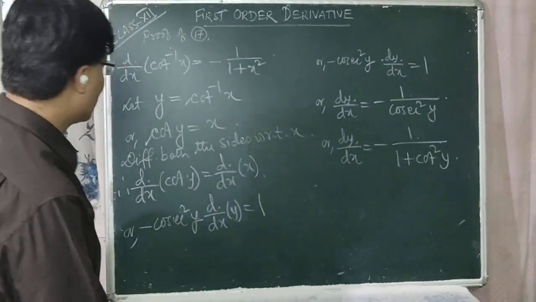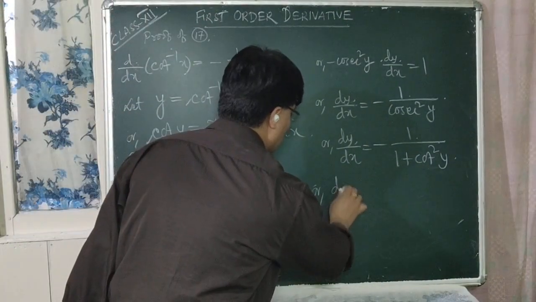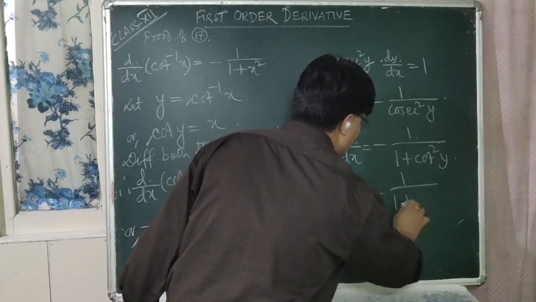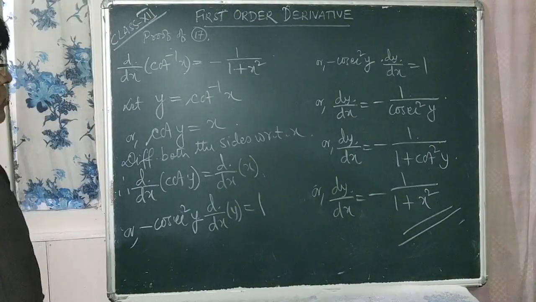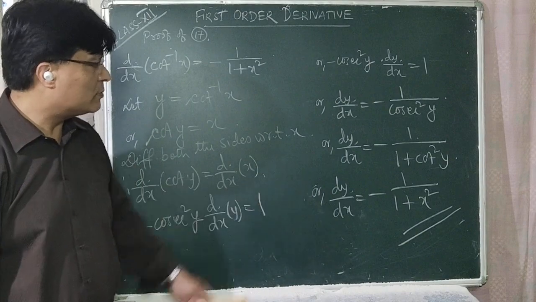So what is cot square y now? It is x square, right? So dy by dx is equal to minus 1 upon 1 plus x square. Okay? So it is proved.